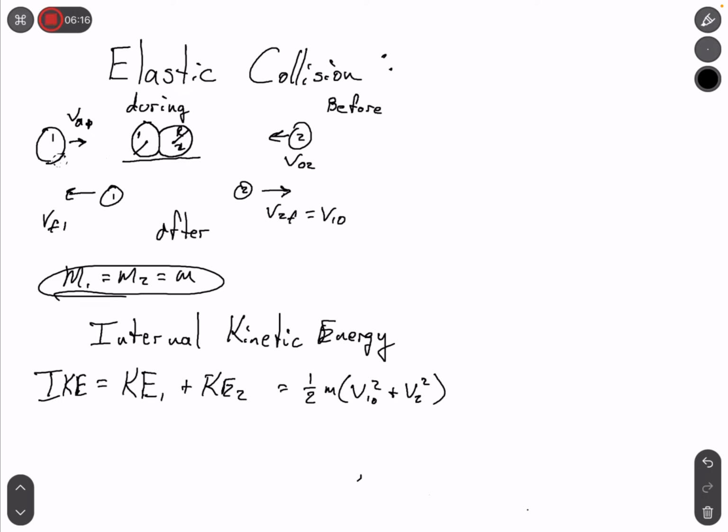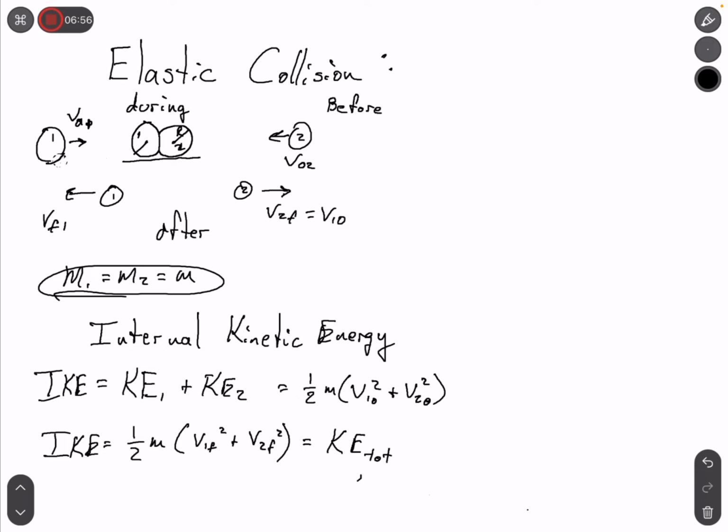And it could be v1 initial, v2 initial in the initial situation, but that also has to equal v1 final squared plus v2 final squared. So that's our total internal kinetic energy. We could also call that KE total, which is kind of how I like to see it.